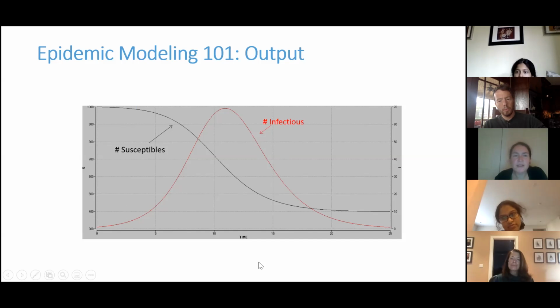And the idea generally is to try to match what we see on the ground, what we know about a given infection in terms of those transition parameters, to faithfully represent what we actually see in terms of transmission in a population.